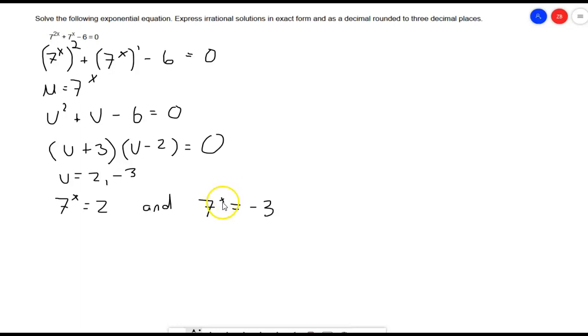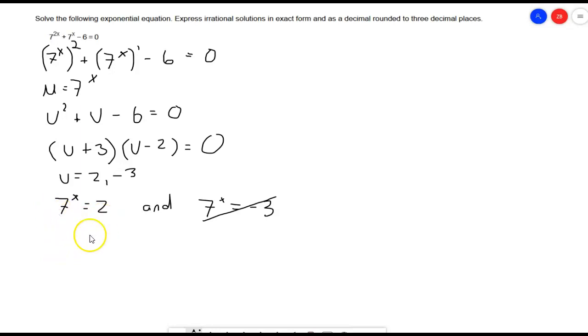And if this is 0, any non-zero number raised to the 0 power is equal to 1. So there's no possible way for any real value of x that I could get a negative. Therefore, I don't even have to look at this equation here. The only one that I have to work is here.